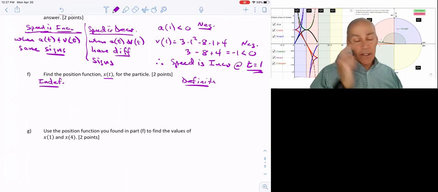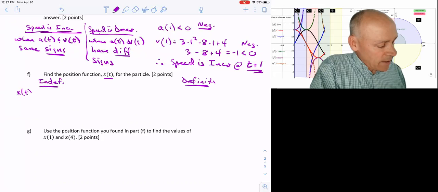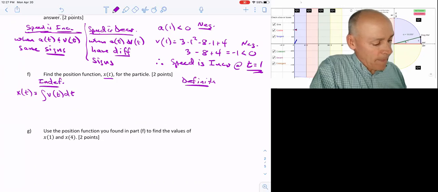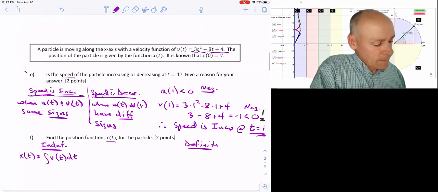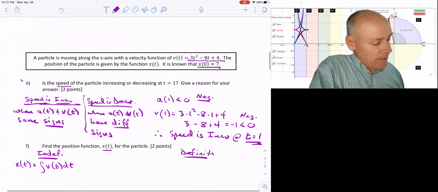Okay, as an indefinite integral, I know that position is going to be equal to the integral of velocity. And I also have to remember that I'm given this initial condition, x at 0 is equal to 7.